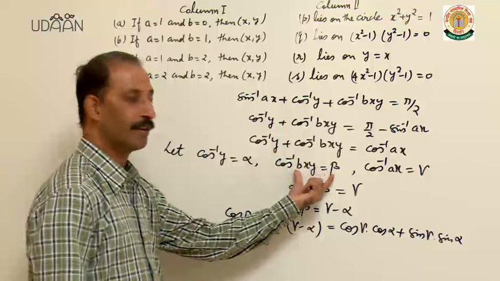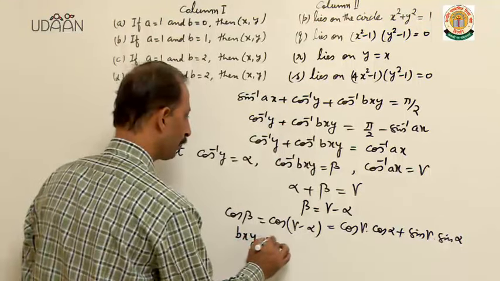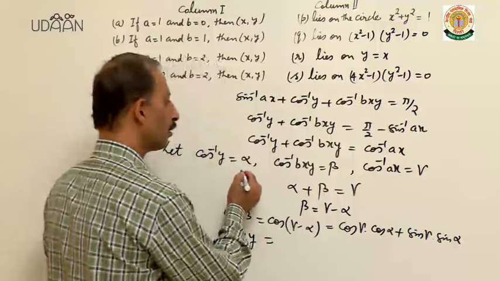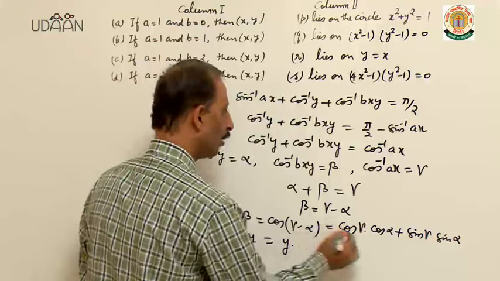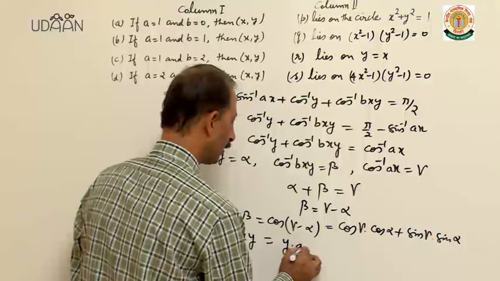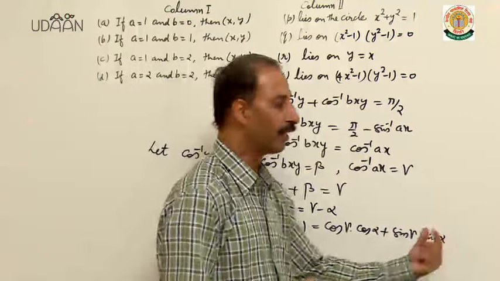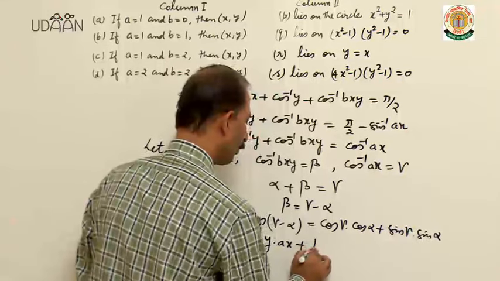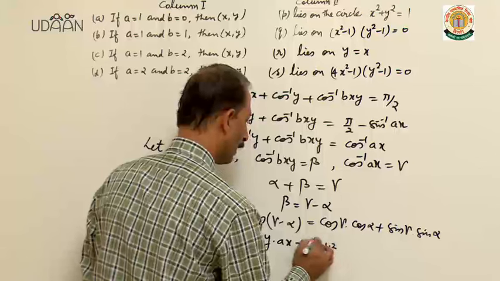So cos beta you can find from here, that is bxy, equals cos gamma and cos alpha. Cos alpha is y and cos gamma is ax. Same way, sin gamma and sin alpha you can convert. Sin alpha we can write as root of 1 minus cos square alpha, that is root 1 minus y square.